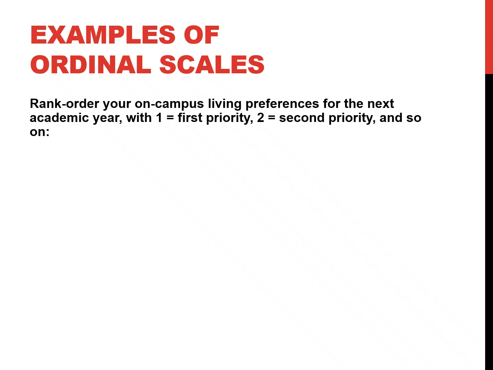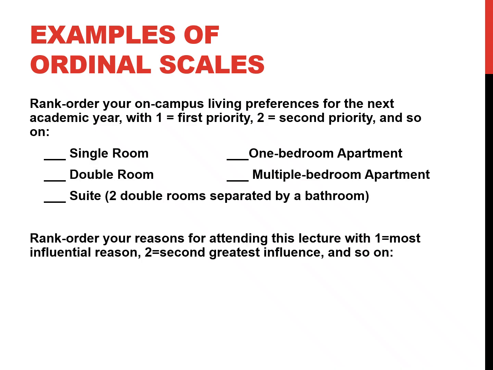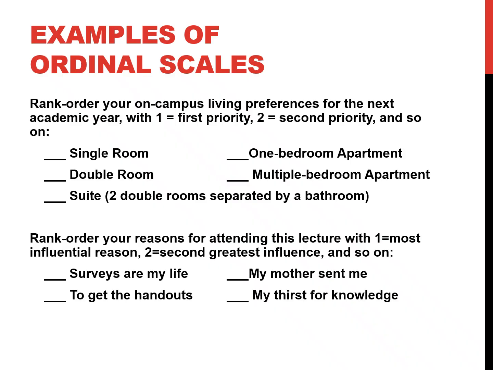Examples of ordinal scales: rank order your campus living preference, reason for attending this lecture, well, probably not applicable anymore. Surveys of my life: my mother sent me to get handouts, my thirst for knowledge. Those are all examples of ordinal scales.